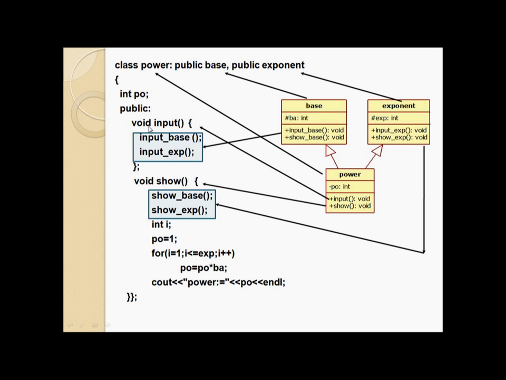We have given a method void input. It is in public mode. We are interested in accessing base and exponent, these two methods given in the base class and exponent class. So we are simply calling these two methods in the input function, and similarly we are calling the show function of the parent classes in void show of the child class, and then we are calculating the power of the number.